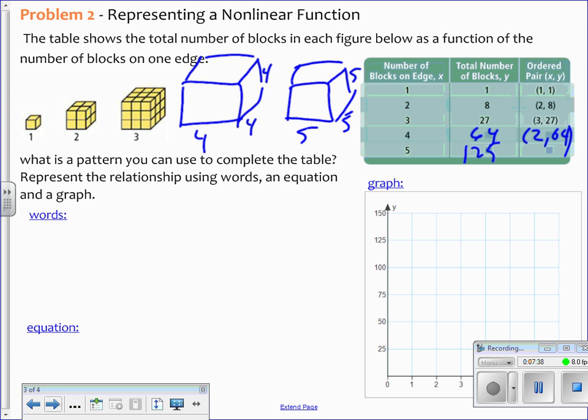So that would be 5, 125. Does anybody here recognize those numbers? Because that is something you should be learning. You should start to know, particularly these first 5. They're perfect cubes.